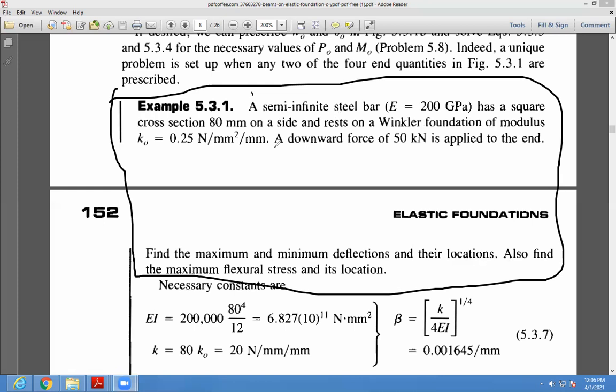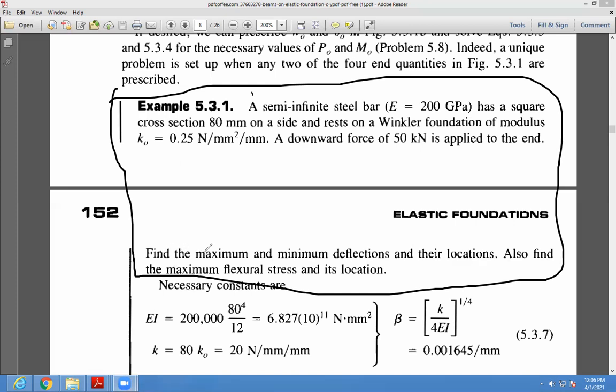Full stop. A downward force of 50 kilonewton is applied to the end. Full stop.